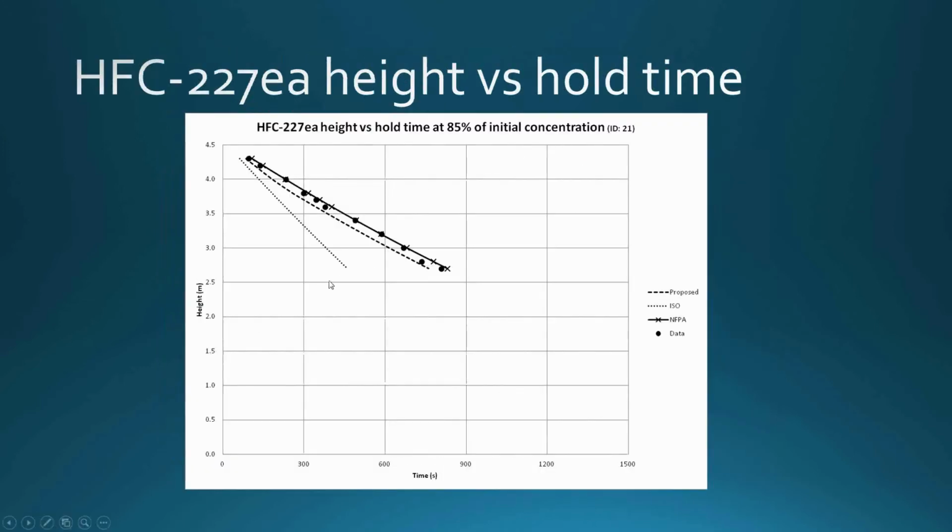And here we show FM200 with the sharp interface shown here and the data almost right on top of it. So this indicates that the sharp interface formulas are actually very, very close for FM200.